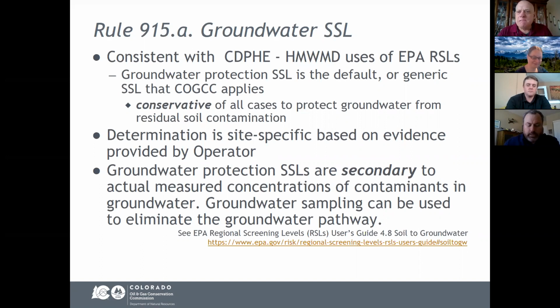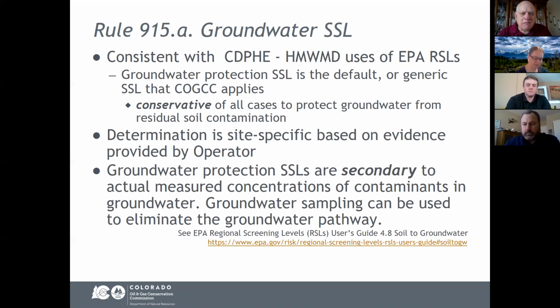So groundwater protection screening levels are secondary to actual groundwater data. So this is an important point. The operator can sample groundwater and provide data to demonstrate that groundwater is not impacted. And this proves that the pathway to groundwater has not been completed.